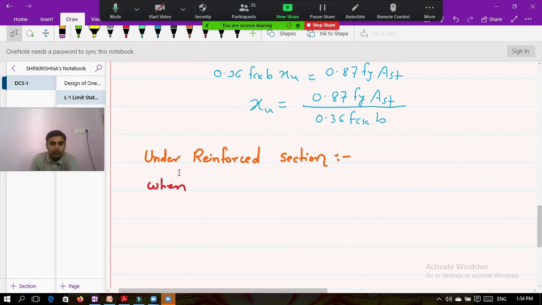When we are looking for the definition of under reinforced section, what is the meaning of under reinforced section?